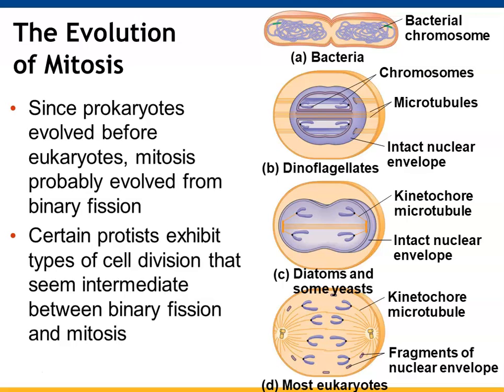As we get further along with protists, we have kinetochore microtubules and non-kinetochore microtubules, and we still have that nuclear envelope. Then as we get into eukaryotes, we have the nuclear envelope being separated, we have the microtubule organizing centers, and we definitely have many more kinetochore microtubules as well as non-kinetochore microtubules working to divide the cell properly.